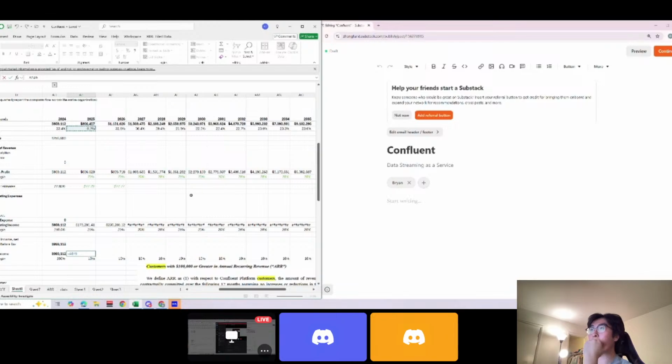Let's maybe get this view. So I have this freeze panes thing going on. Okay, let's try this again. So let's go back to freeze panes. All right, view.